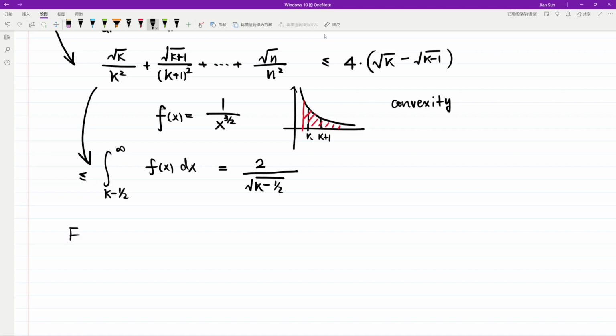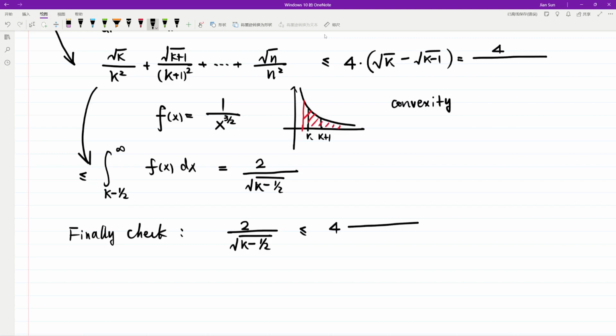So finally, let us check if we have the desired inequality: 2 divided by square root of k minus 1/2 is less than k multiplied with, here, square root of k minus square root of k minus 1, which can be simplified as 4 over square root of k plus square root of k minus 1.